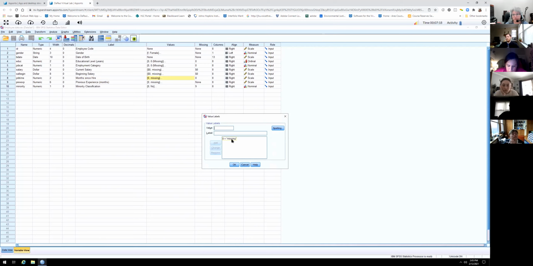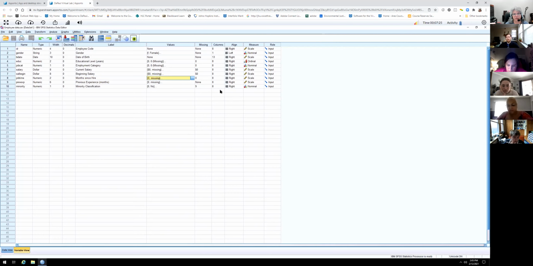The number of months is itself interval, but we want to make sure the person's employed. So 0 is missing, and you can see over here, 0 is missing.